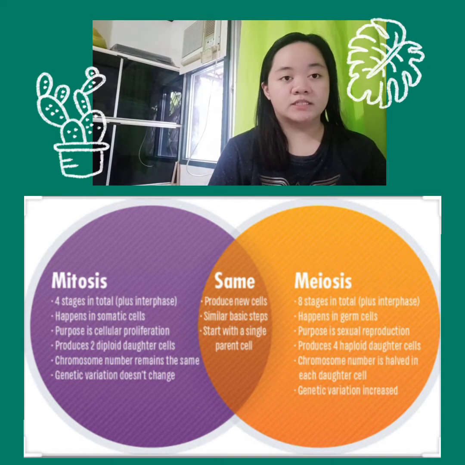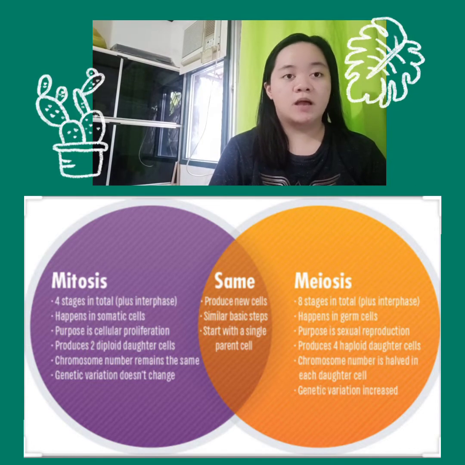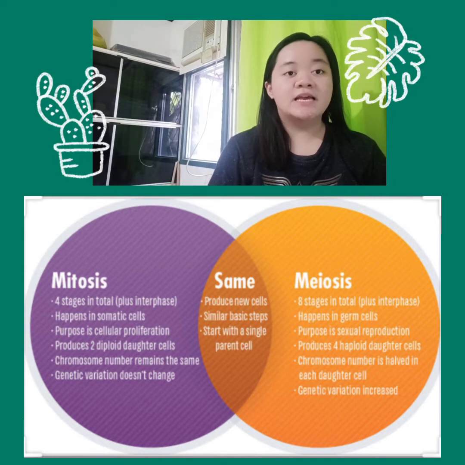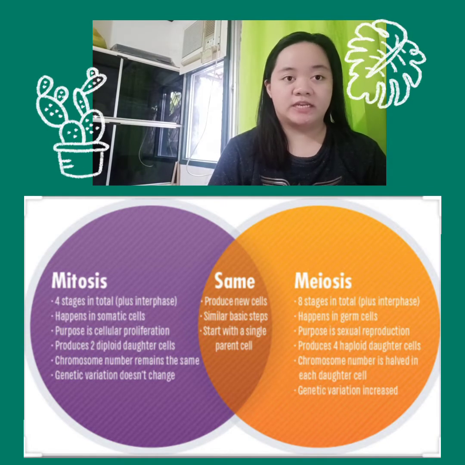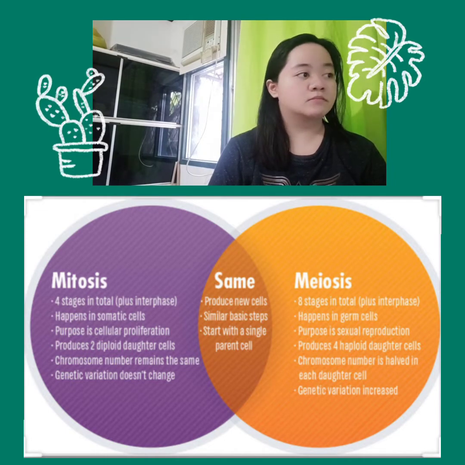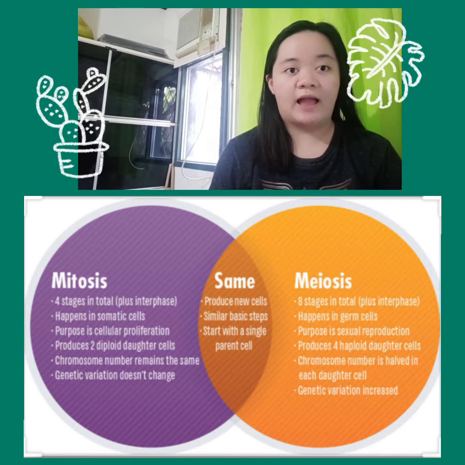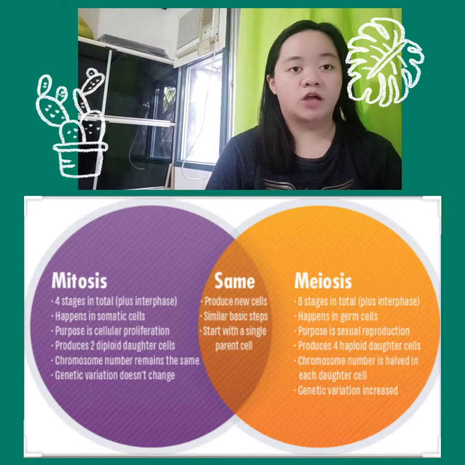In mitosis, the somatic cell or body cell undergoes division once. It usually undergoes interphase, prophase, metaphase, anaphase, telophase, and then cytokinesis. So therefore, it results directly into two identical daughter cells. So this happens in mitosis for the parent cell, and it goes the same for the daughter cells.